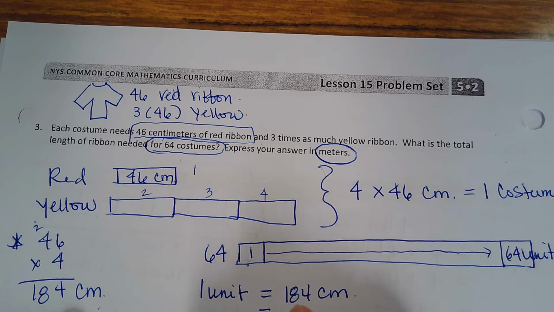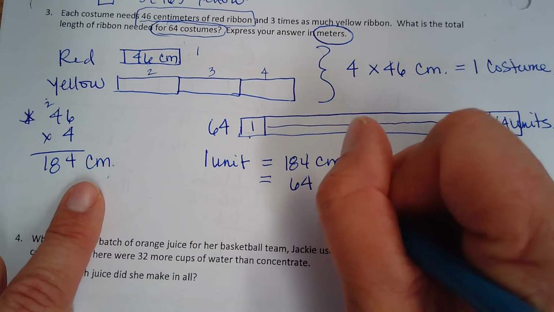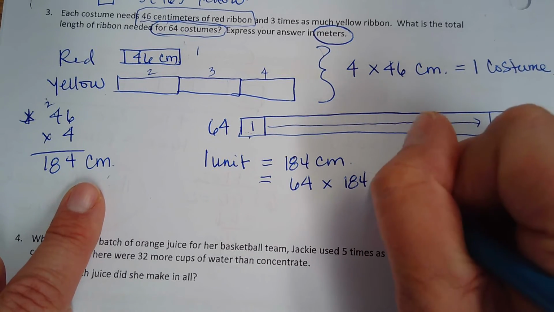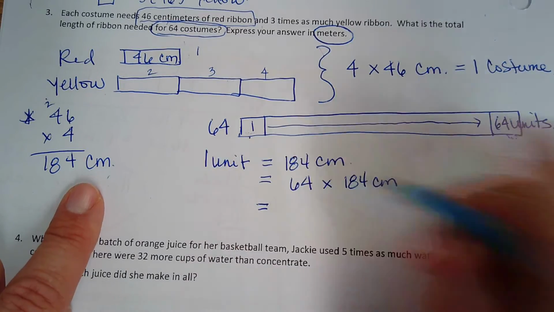All right, now we need to go 64 units times 184 centimeters is equal to what?